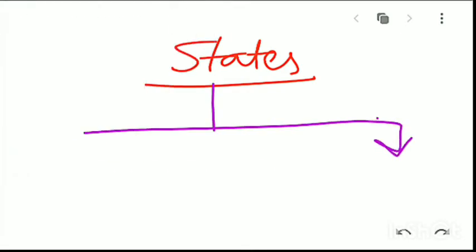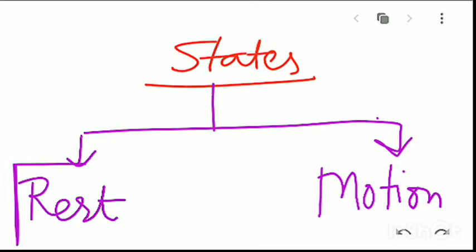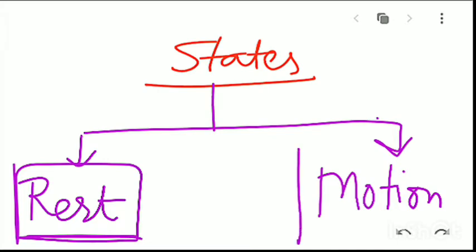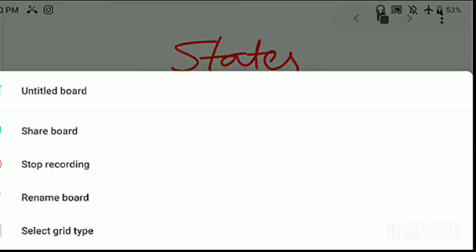Either they can be at rest or they can be in motion. If you look around, you will see some objects are not moving from their place. You call those objects at rest, and some objects are moving. Clear? Those objects are known to be in motion.